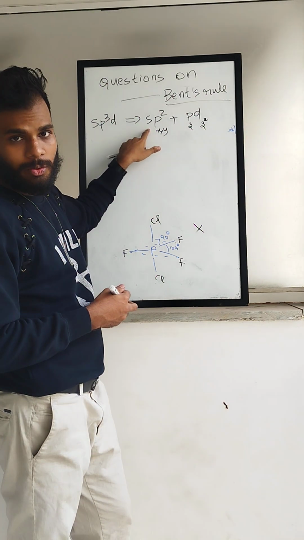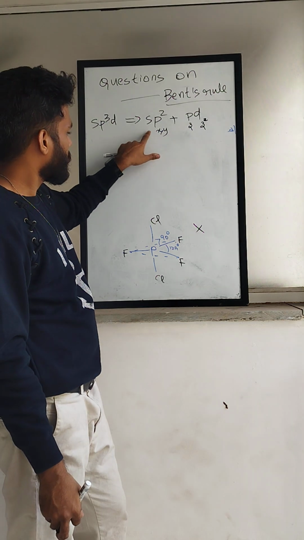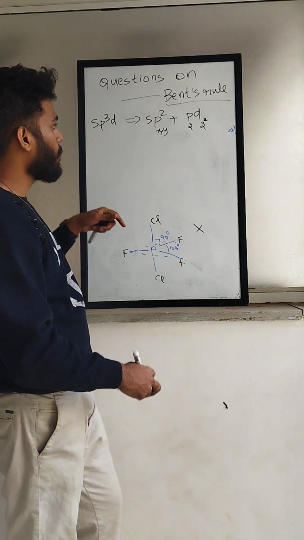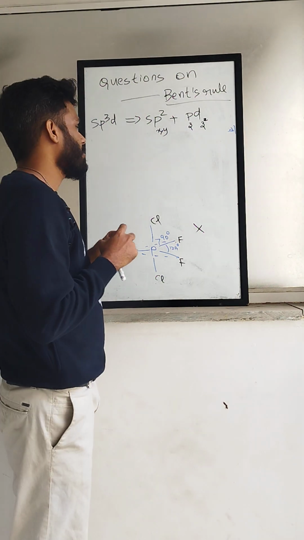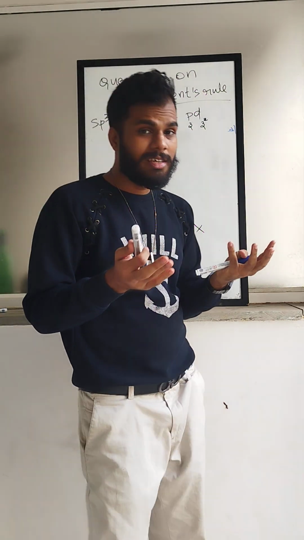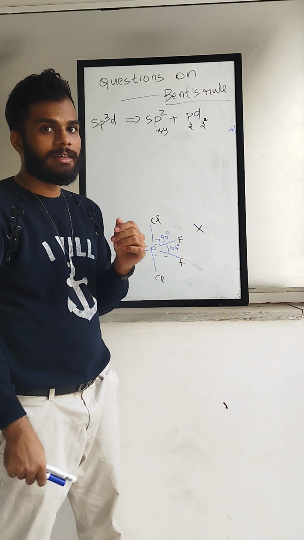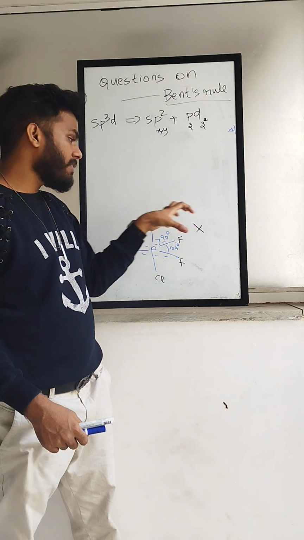And sp2, what is the geometry of sp2? Trigonal planar, right? So that's it. So this is predominantly so; I'm not saying it is just sp2 and pz and dz square, that will not make any sense. When you go to PF5 or PCl5, you will see that it is actually the mix of all of this, sp3d.